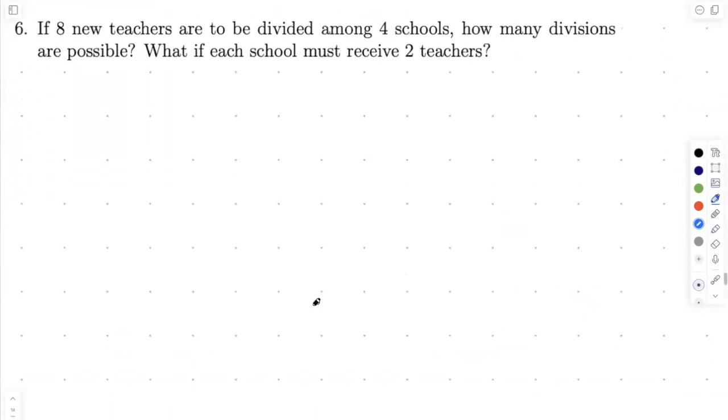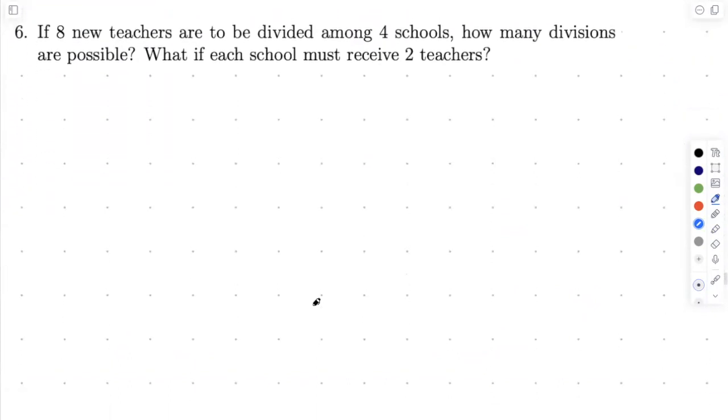So after this, let us go to the next question. In the next question, just read the question first. There are eight new teachers to be divided among four schools.